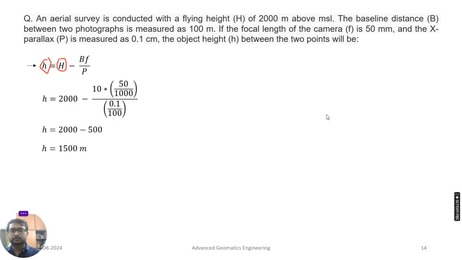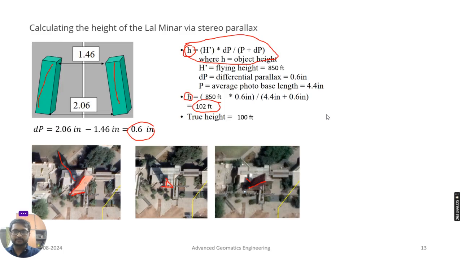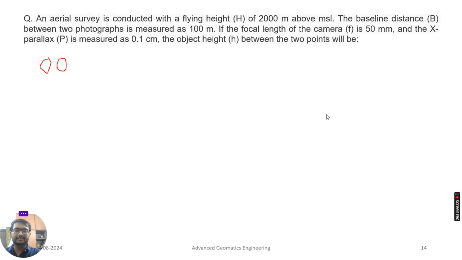So we have used two different formulas. One formula is h into dp divided by p plus dp, and the second one is h is equal to h minus bf by capital P. So these two methods and the relief displacement method, all three methods you can use to find out the height of the object.